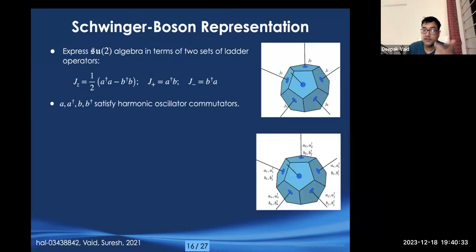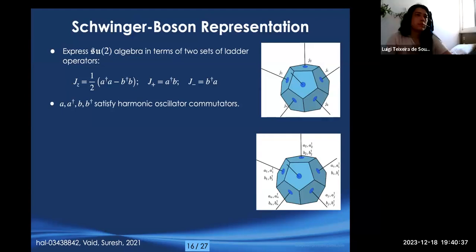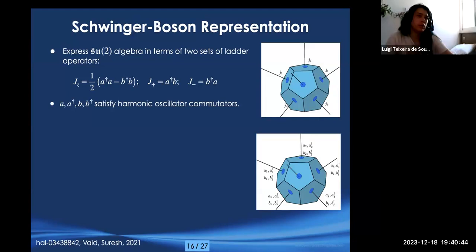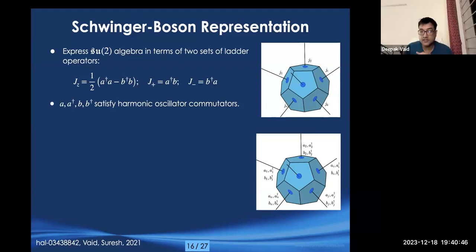Well, we have these polyhedra. We take another copy. You entangle two polyhedra and construct a thermofield double state, and boom, you get a wormhole. Makes sense.